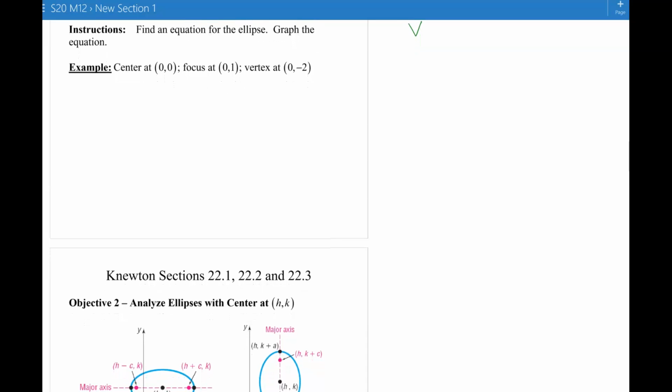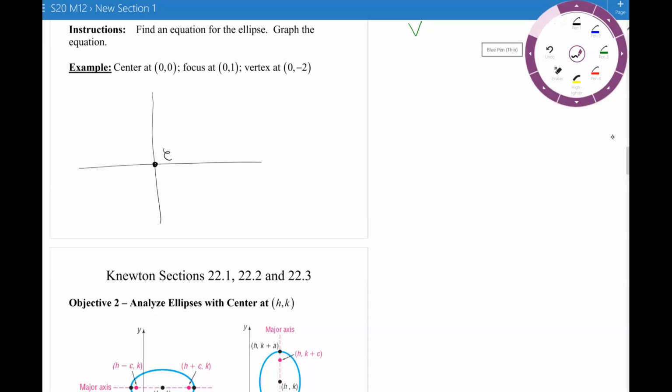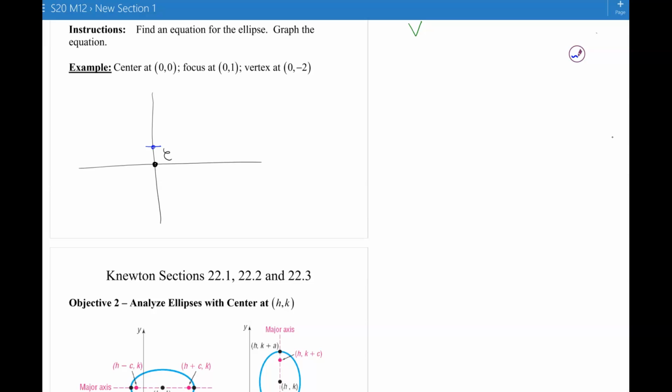Okay, then here's another one of these puzzle problems that I find it really helpful to draw. Here's the center at (0, 0), focus at (0, 1), so I know there has to be a mirror image focus at (0, -1).